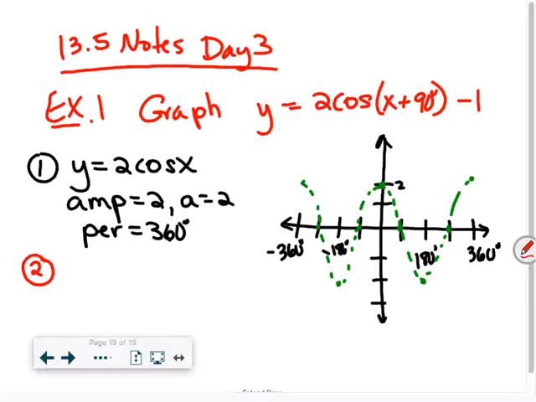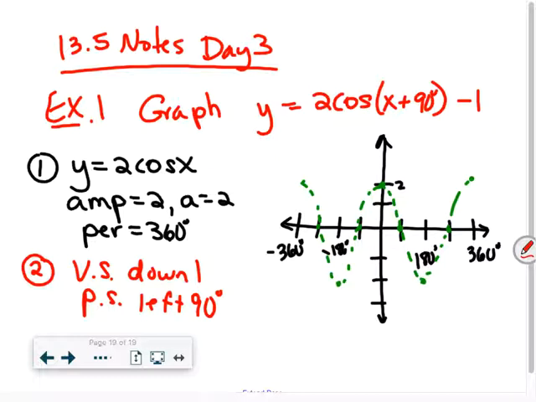Step 2. This is going to have a vertical shift of down 1 and a phase shift of left 90 degrees. So what that means is I'm going to move it left a tick and down 1.